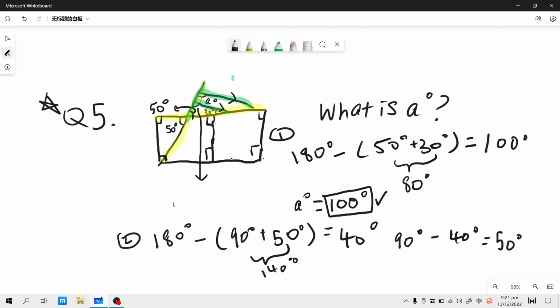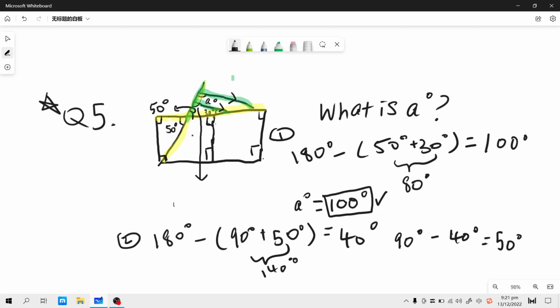You also can use the Z method over here. So you can just copy the 50 over here. That gives our 50 here. So you know that this is 90 degrees, and this is 50 degrees. You need to find out what this is. Actually, I've told you in my angles 4 that a four-sided shape's four angles add up to 360 degrees.